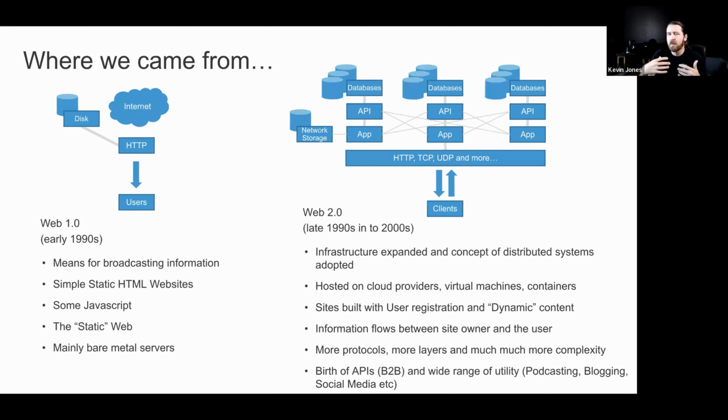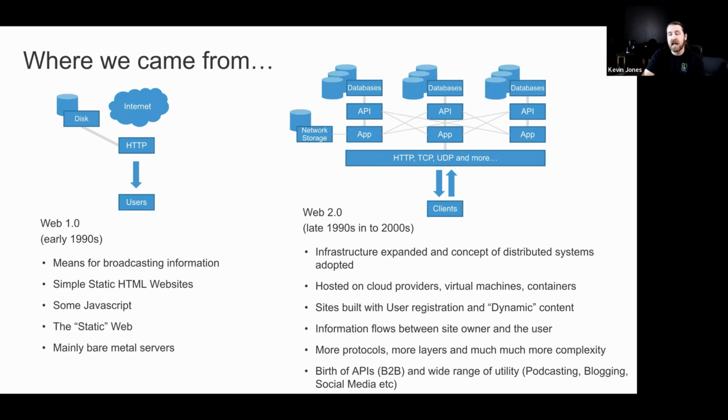And then the web evolved, right? Things got pretty complex. Late 90s into the 2000s, infrastructure expanded, and this concept of distributed systems appeared. Things were being moved from bare metal to hosting on cloud providers; virtual machines came about, and containers came about over this move to Web 2. Everything became built with dynamic content.